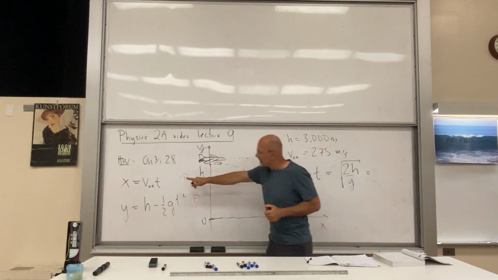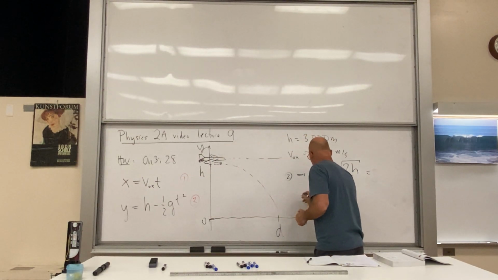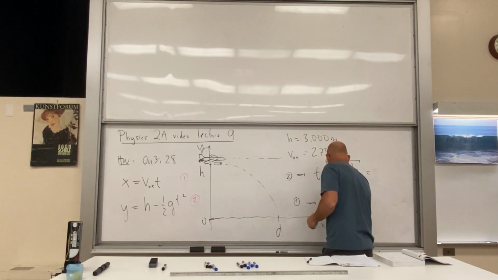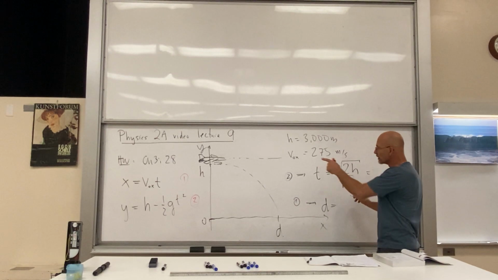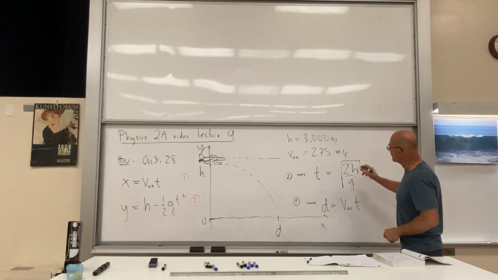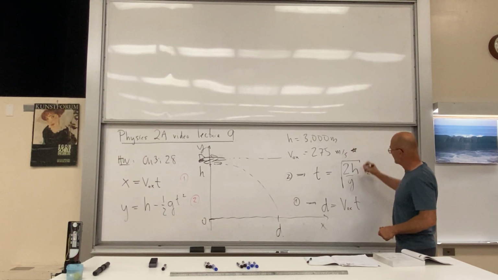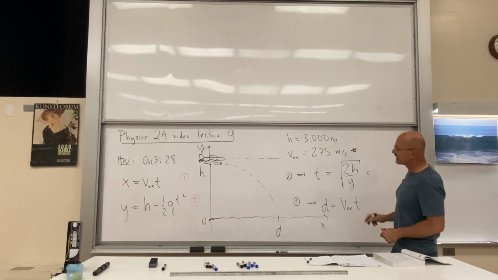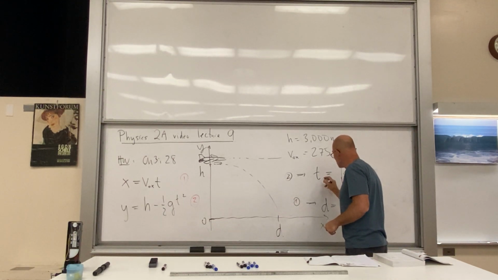Okay. So you use this one right here. Equation 1 tells us that the distance traveled is v0x times t, where this is v0x, and this is t, and we could call this t sub fall, or t sub impact, or t sub something. How about impact?